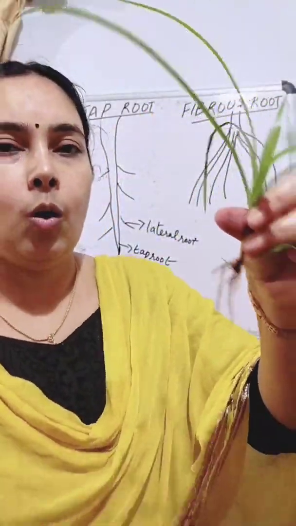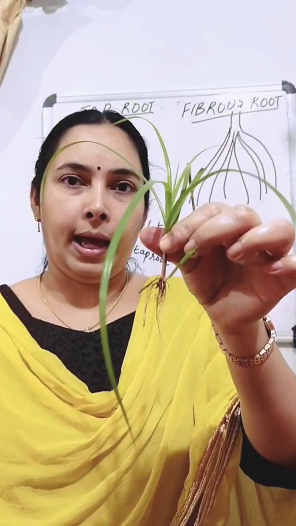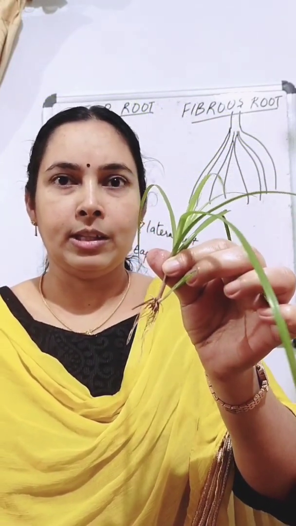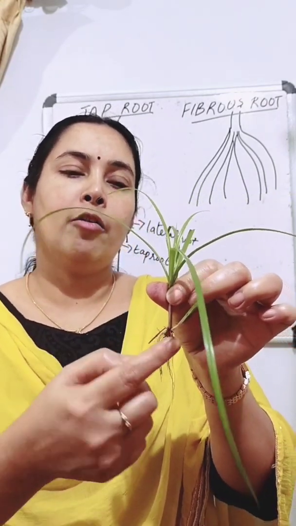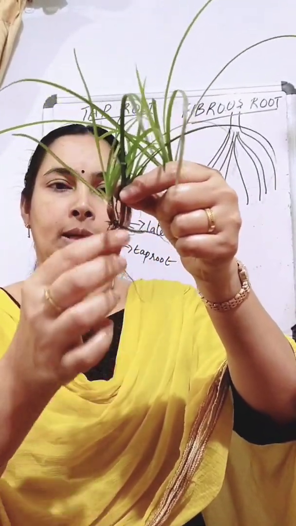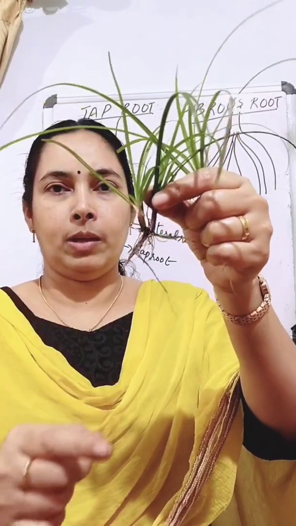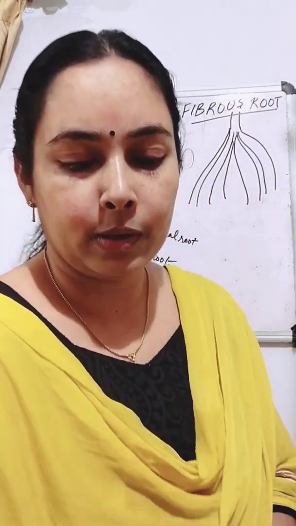But here all the roots are arising from the base of the plant itself. Is it clear? So this is what? This is a fibrous root. Or here in this plant also you can see so many similar size roots are arising from the base of the plant. So this is fibrous root.